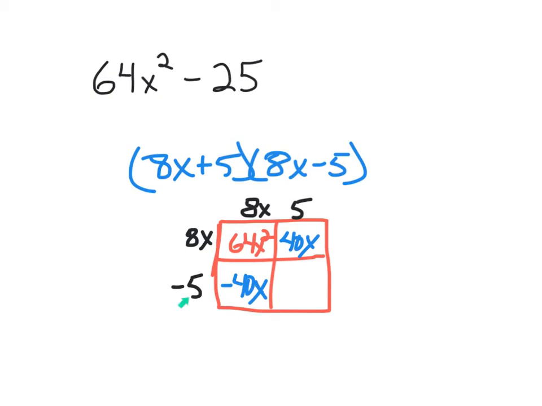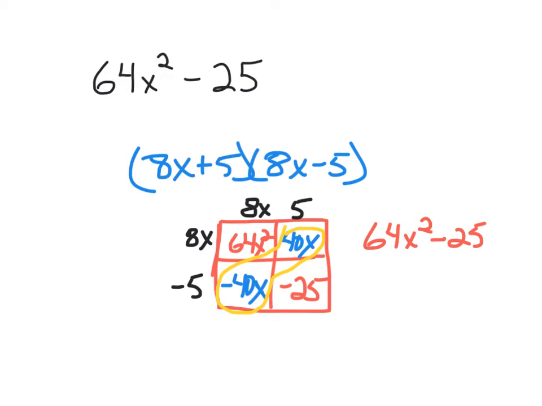And then finally, we have a negative 5 times positive 5, which gives us negative 25. Well, when you go to combine like terms, you have a positive 40x minus 40x, which means there's 0. They cancel. So then the terms remaining in your box method are 64x squared minus 25.